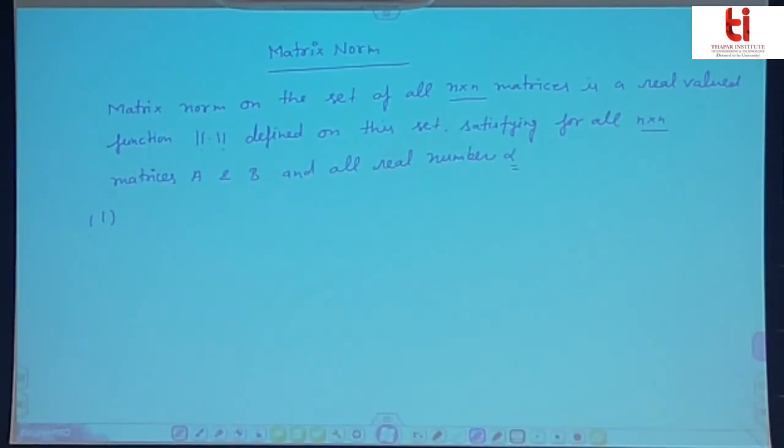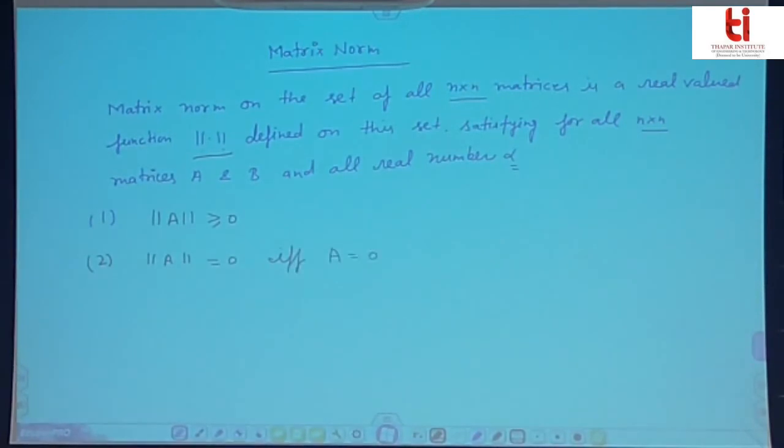That means what? Suppose A and B are two matrices and their order is n by n. Both have the same order. Then the matrix norm is denoted by this symbol, and is defined as having the following properties. Norm of A is greater than or equal to 0. Second property: norm of A equal to 0 if and only if A equal to 0.